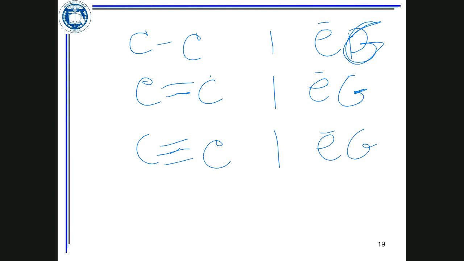And if you have a pair of unshared electrons, each electron pair is going to count as one electron group.